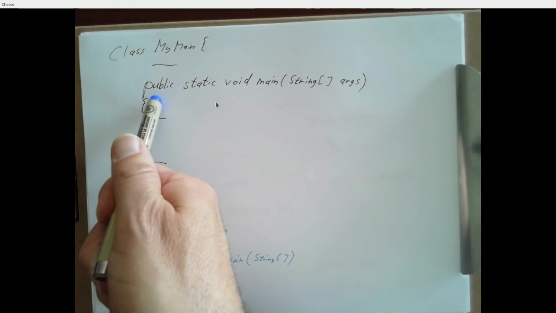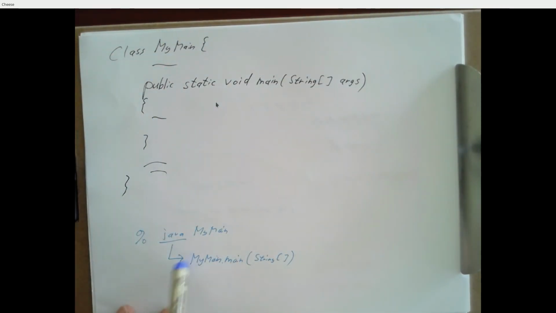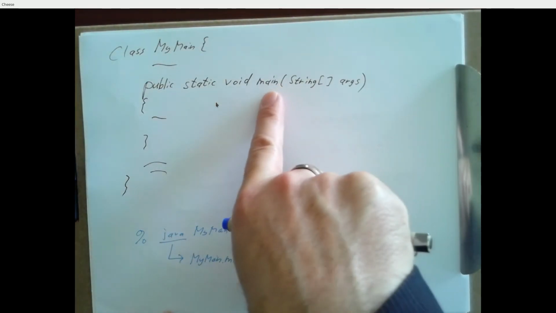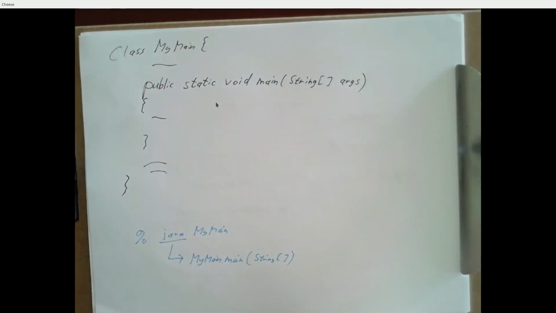So public, it's accessible outside of the class to the JVM in particular. Static, you can access this with just the class name. Void, by definition, is not returning anything. That's the name of the method. That's the type of the arguments. But there's a good chance this is the only place you're going to find yourself writing the word static in making code in this class.